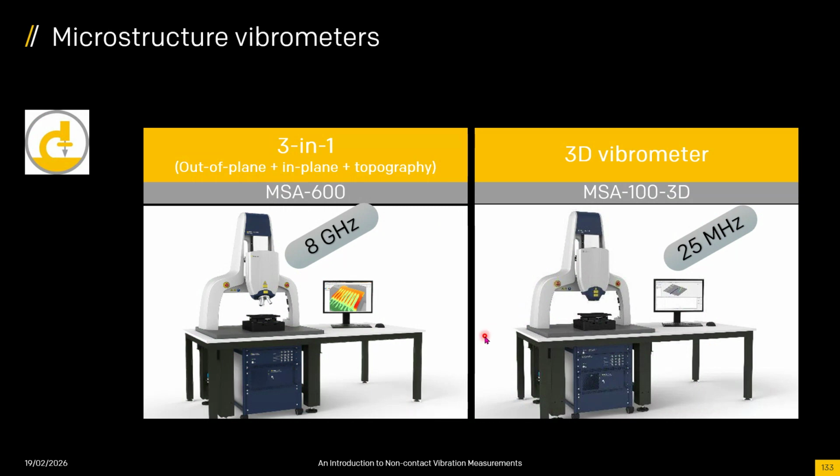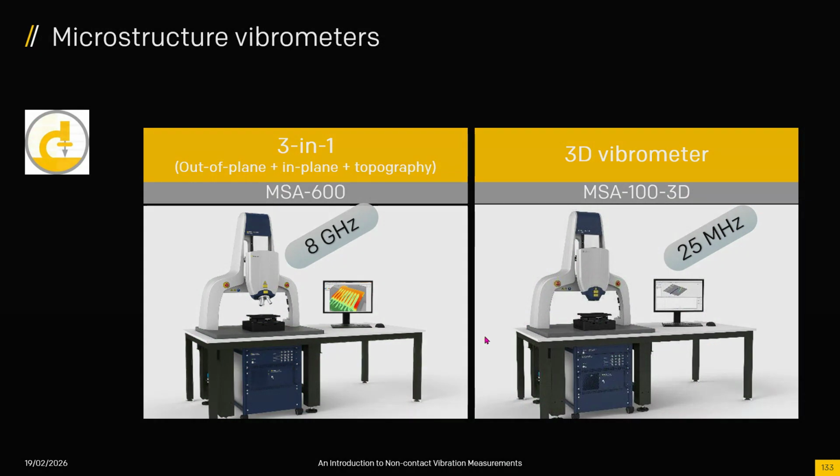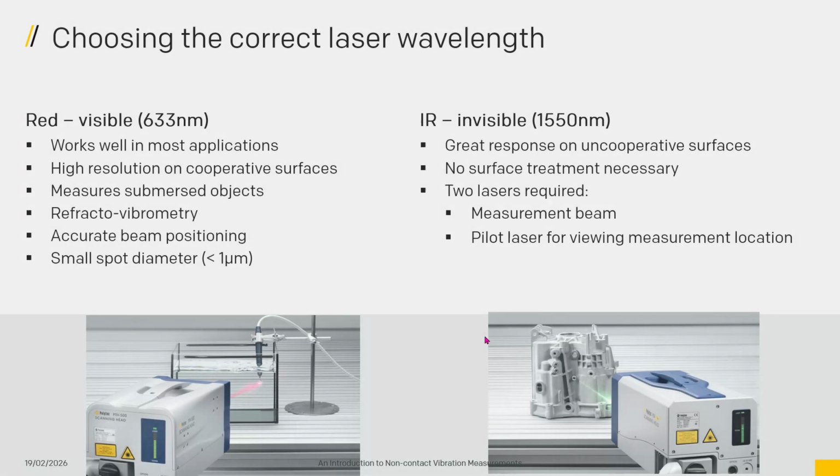and this is an out-of-plane and in-plane system. I had mentioned that I'll have a slide on which laser source is right for me, so in what cases would I use visible, and in what cases IR is just fine. Every time you have ample return signal, so if you are measuring on a very nice surface, then red is always going to be better, especially because there is QTech everywhere.